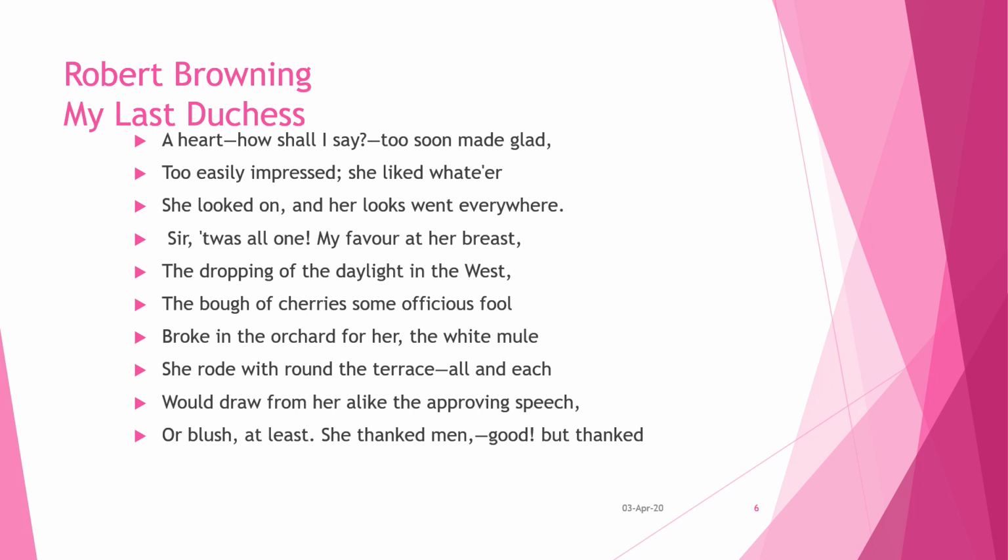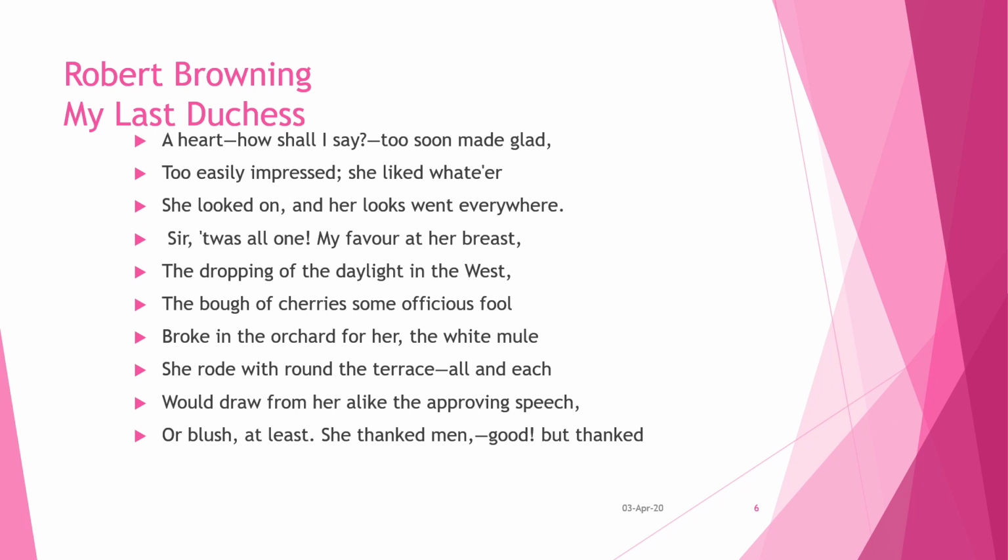Sir, he is addressing the silent listener, the stranger. He is addressing him as a sir. So we begin to imagine that this silent listener is someone important. 'Twas all one.